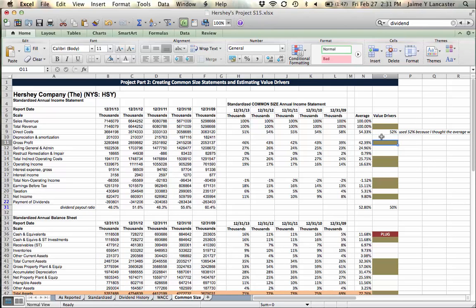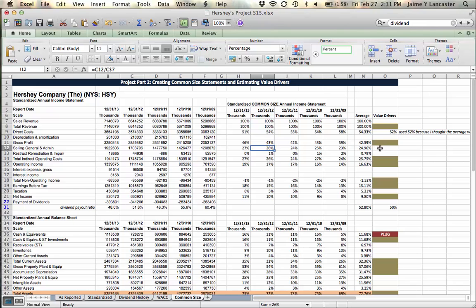The next one that we use as a percentage of sales is selling, general, and administrative, right? For every dollar of sales, this number here means it is taking on average 24 cents, just under 25 cents. I could use that average, but again, maybe they've got an increasing trend, 23, 25, 24, 26, 27.